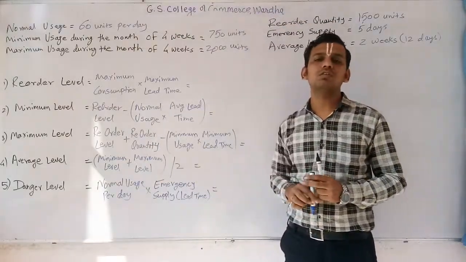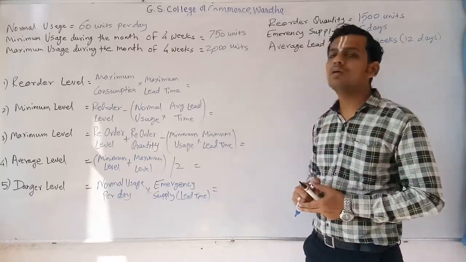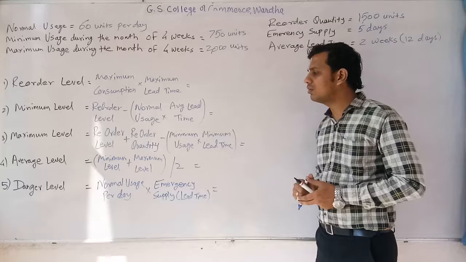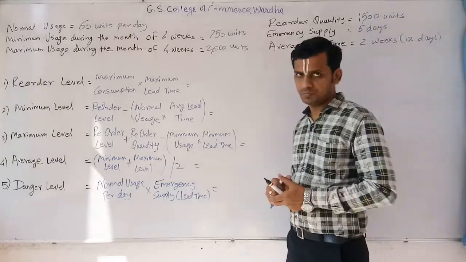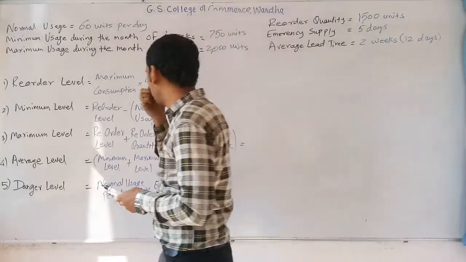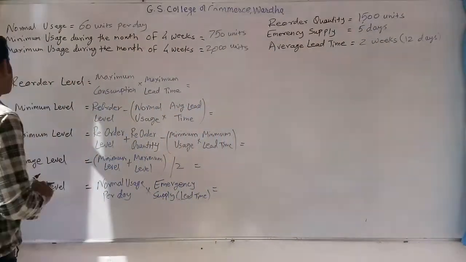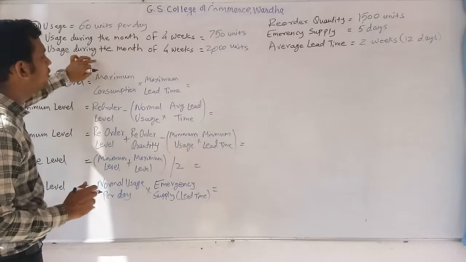Now the question says that we have to calculate reorder level, minimum level, maximum level, average level and danger level. First of all, we have to mark the words used in the question: minimum and maximum usage during the month of 4 weeks.